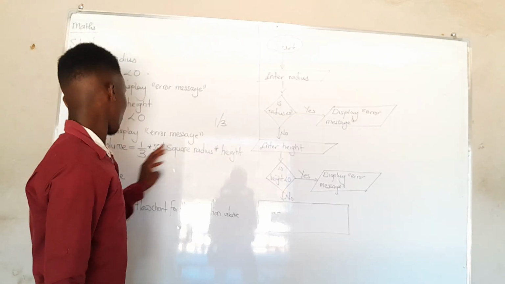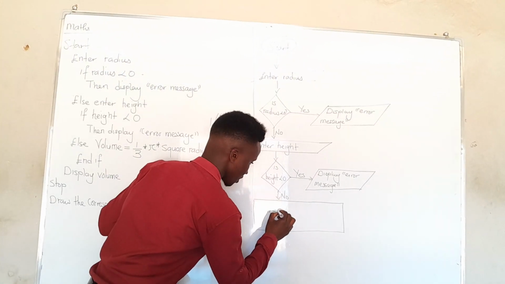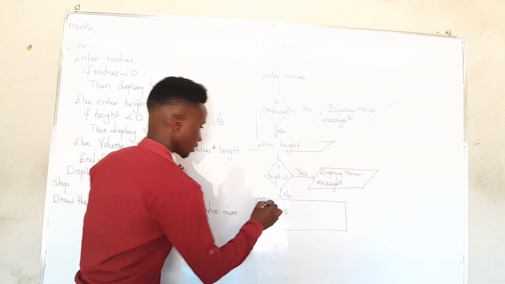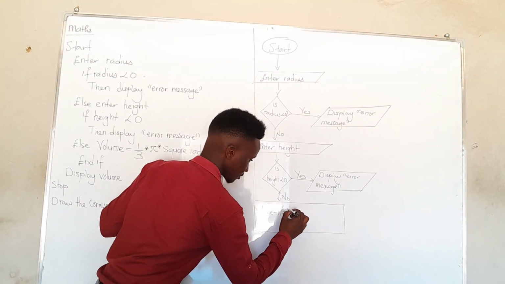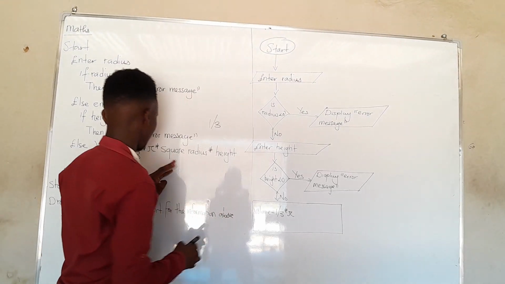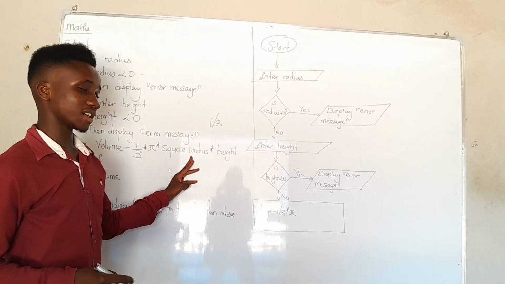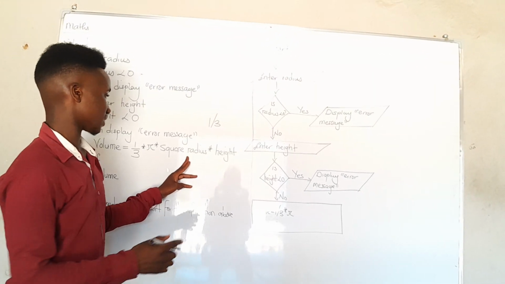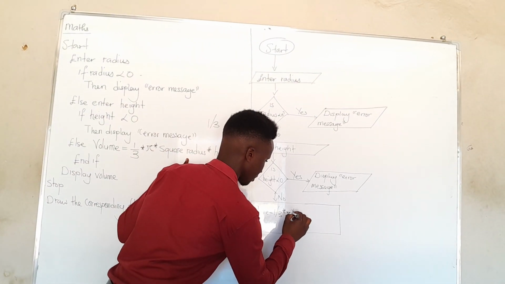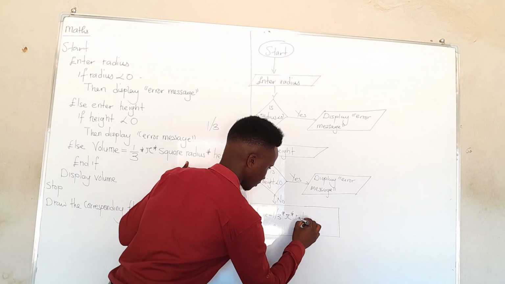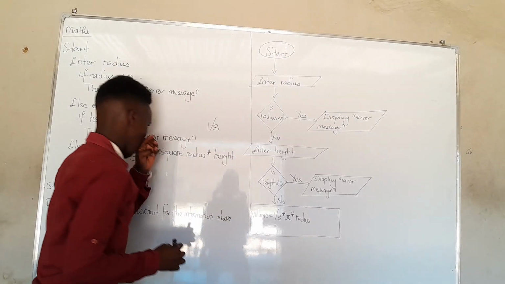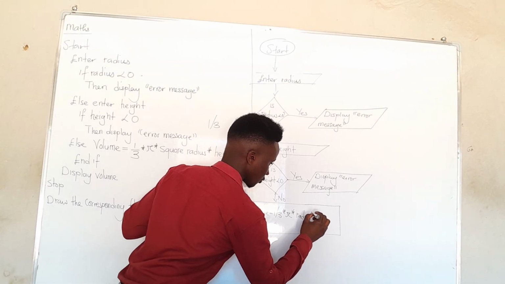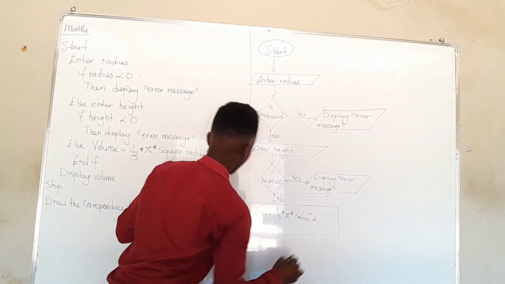So instead of saying 1/3, I'm going to say 1, then backslash 3, okay? Then times pi. Here where they've said square radius, the computer doesn't understand square radius. So what the computer will understand is us saying radius, then we include this symbol, which means to the power 2.